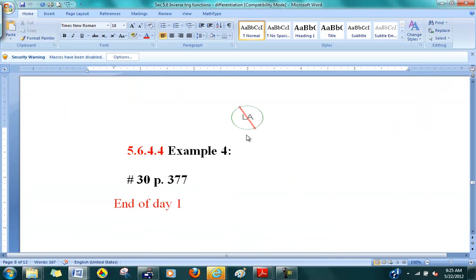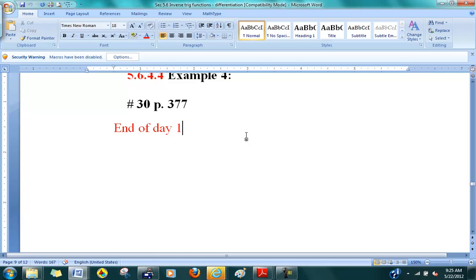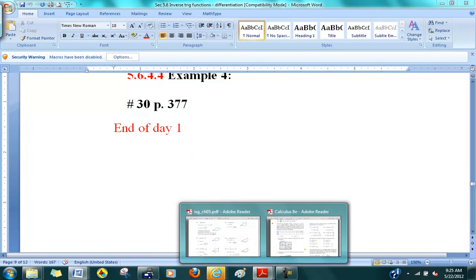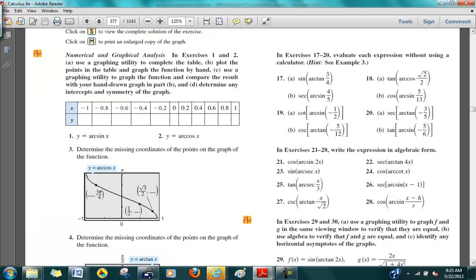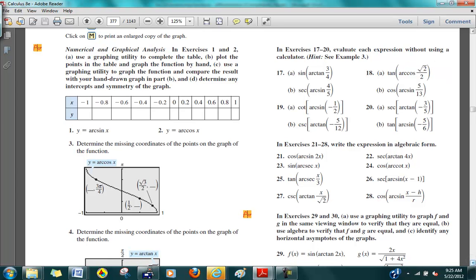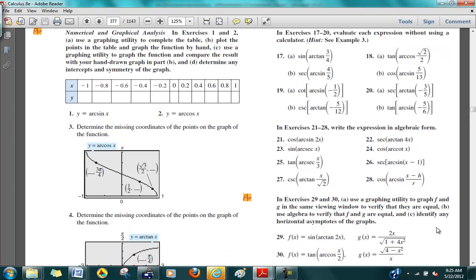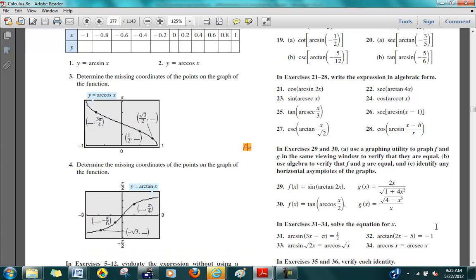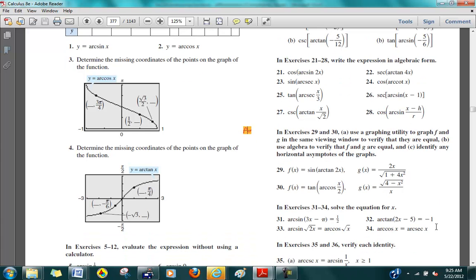Okay, number 30, page 377. And for this one, you need a graphing calculator. So I want you to do parts A, and then I'll show you how to do parts B and C. Okay, number 30.